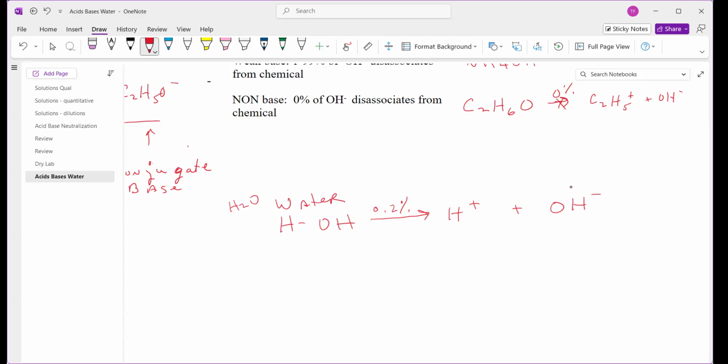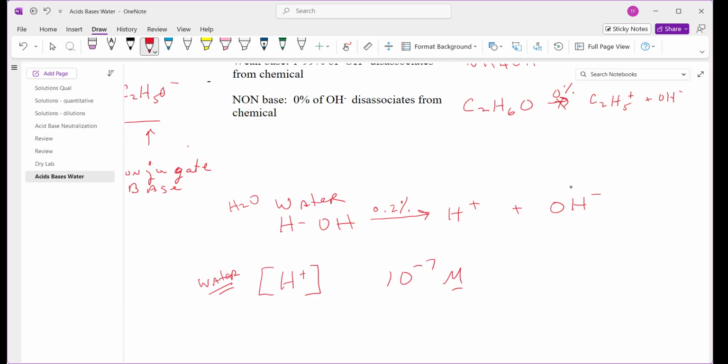For example, the concentration of hydrogen ions, unless I put square brackets, that's a shorthand way of writing moles per liter. Square brackets. So the concentration of hydrogen ion in water is 10 to the minus 7 molar.